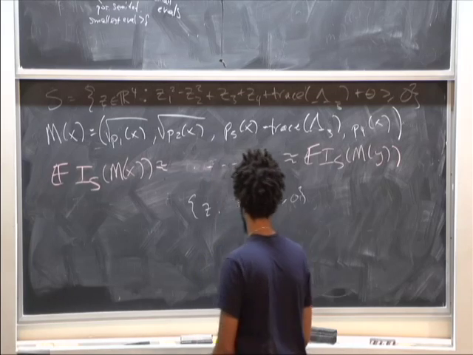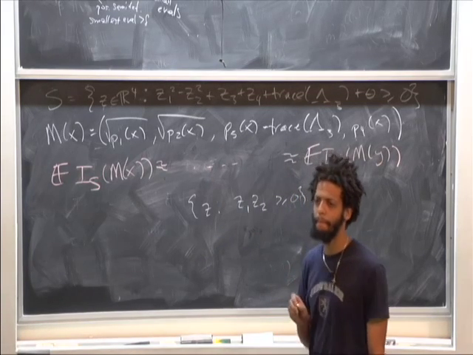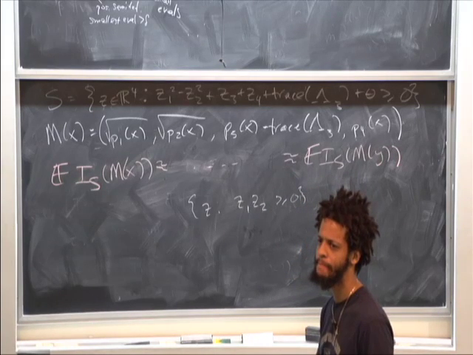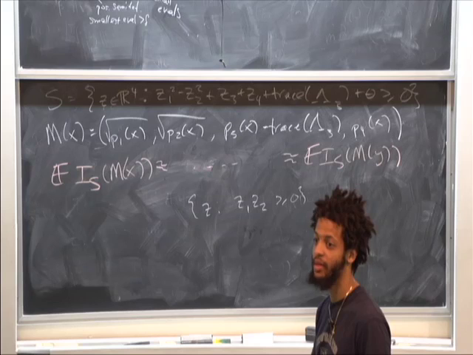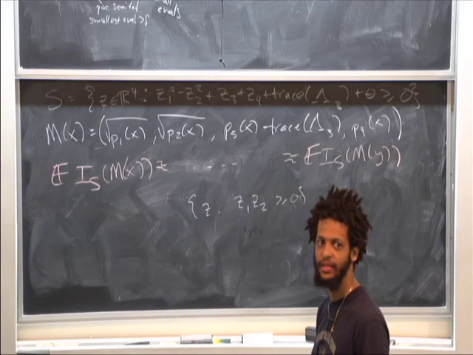I don't see it, maybe I'm confused. Once you take the square root, it's not a polynomial anymore. Yes, but when you change the basis, I think it might be. It won't be a polynomial.